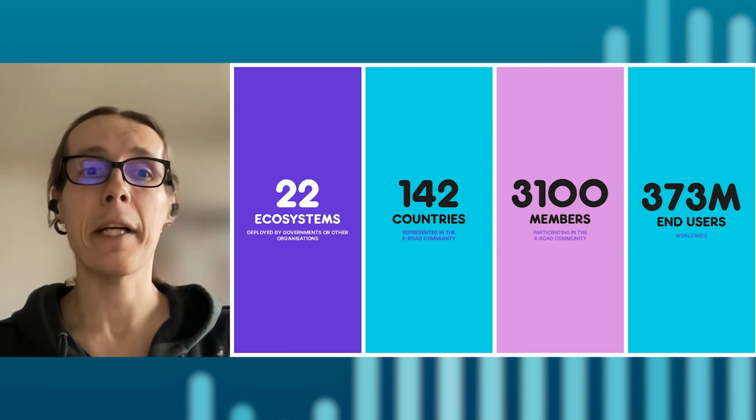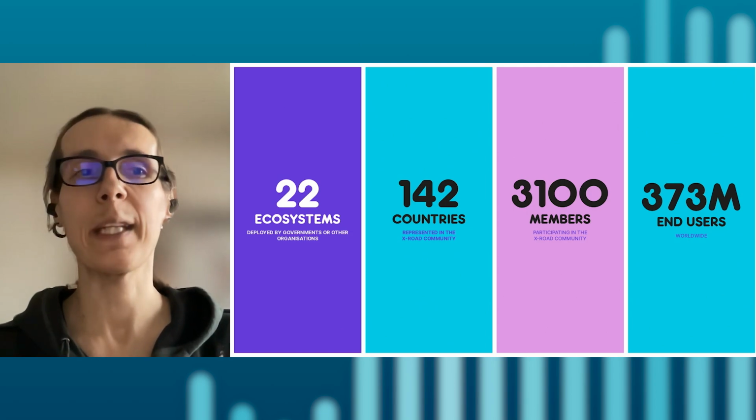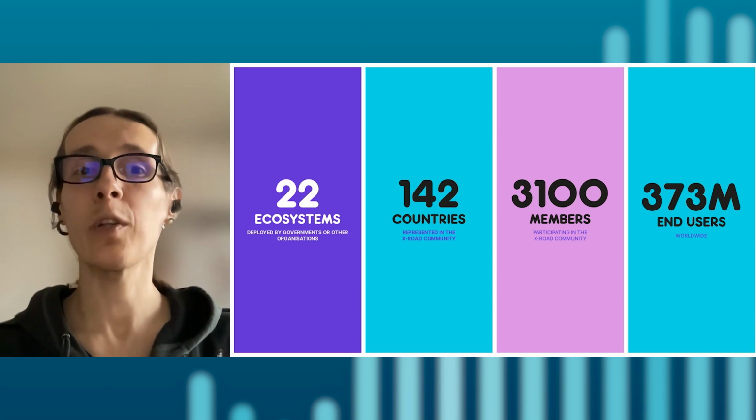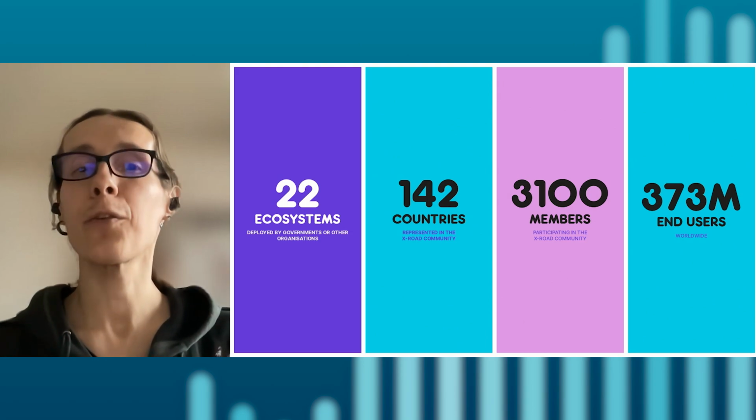In the countries where X-Road is used, there are over 370 million inhabitants. The X-Road community has over 3,000 members from over 140 countries. Based on these numbers, you can say that X-Road is a truly global solution.